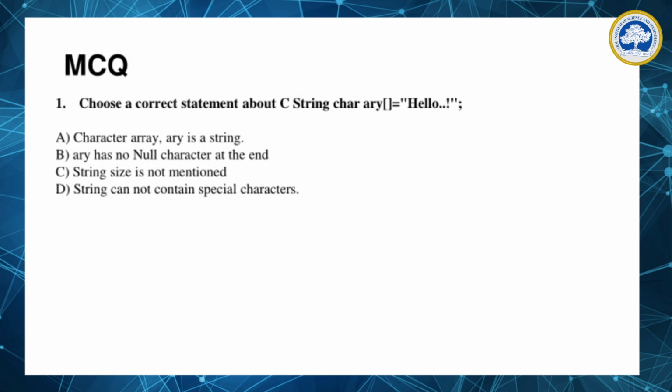The first one: choose the correct statement about the string, char ARY equal to hello. There are different options. The first is that the character array ARY is a string. The second is that ARY has no null character at the end. The third is that the string size is not mentioned. The fourth is that a string cannot contain special characters. These are the 4 options available, and my question is to choose the correct statement about the string.